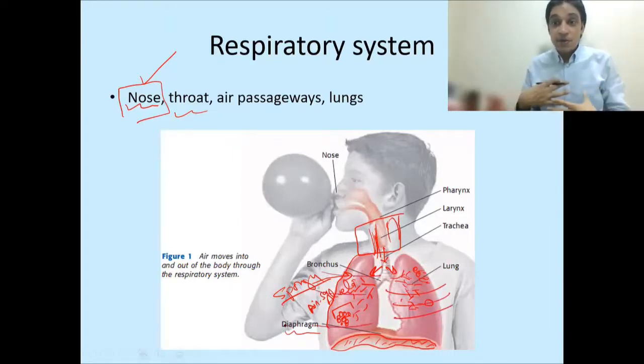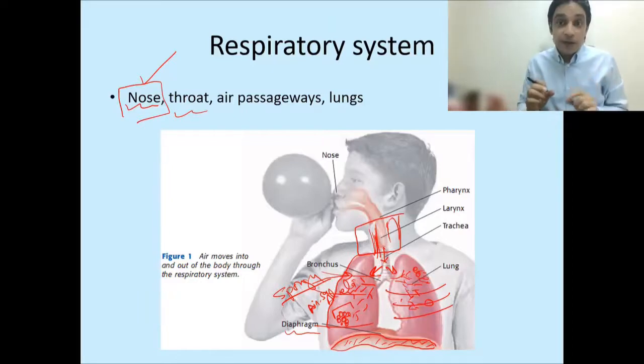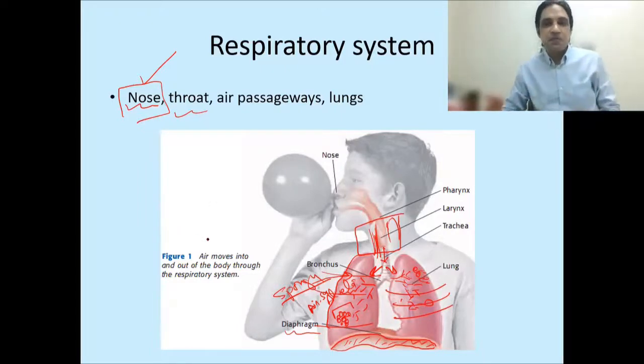This is what we call the chest cage, the rib cage. So the ribs are making the outer boundary of our chest cavity, and then there is a diaphragm at the floor of the chest cavity. The ribs and the diaphragm together are involved in the process of breathing. They are involved in inhaling the gases as well as expelling the gases.